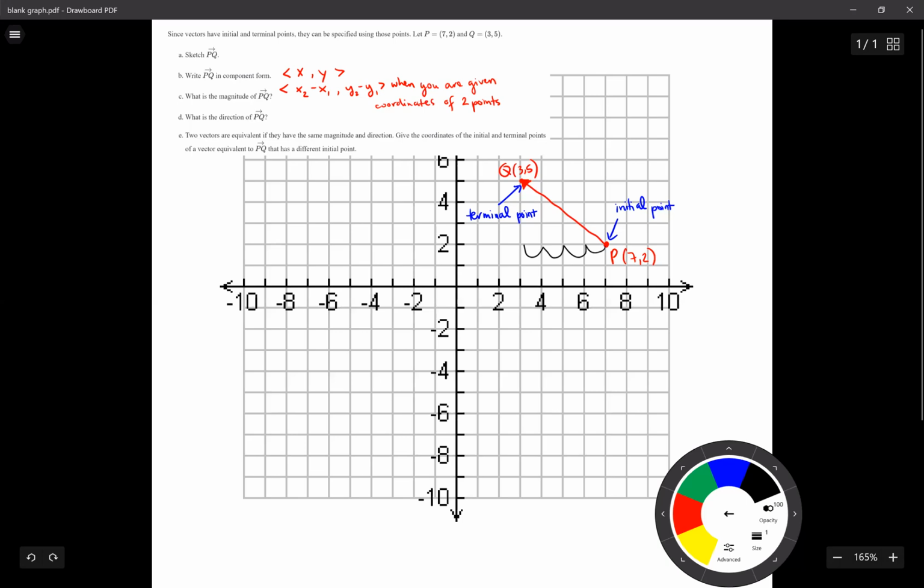That gives me -4, because moving to the left means negative. And then from there, I will move up 3 to get to point Q. So 1, 2, 3. Because I move up, it will be +3. So the component form of vector PQ will be <-4, 3>. So for those of you who got <-4, 3>, you got it right.